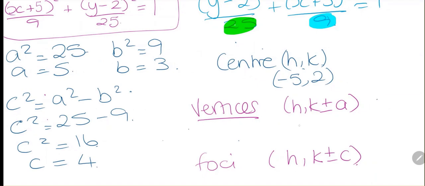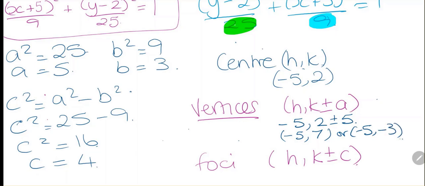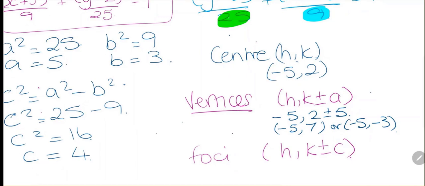So h is minus 5, 2 plus or minus a is 5. So we've got minus 5, 2 plus 5 is 7. So it's minus 5, 7. Or minus 5, minus 3. So there's the vertices.